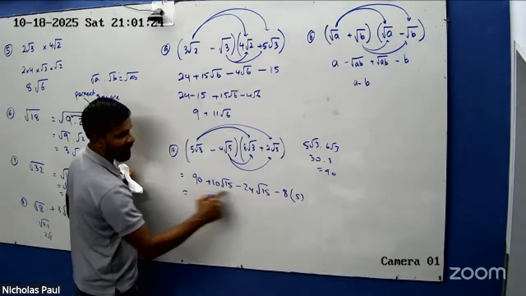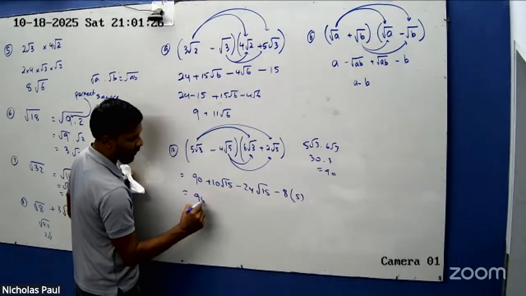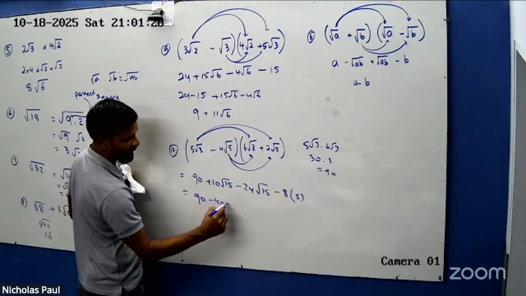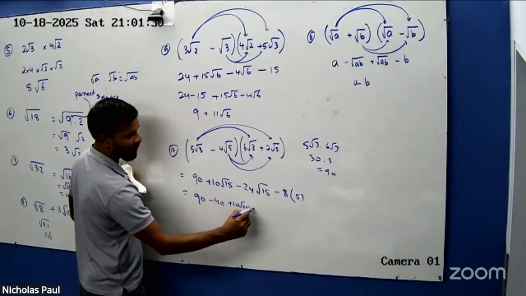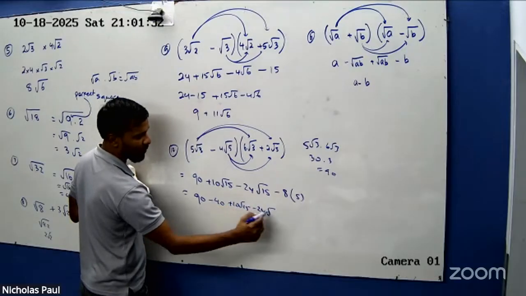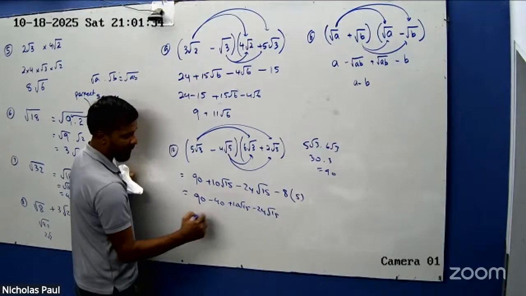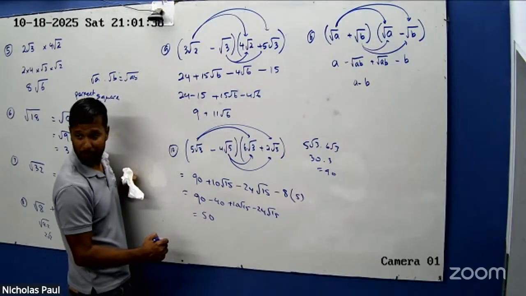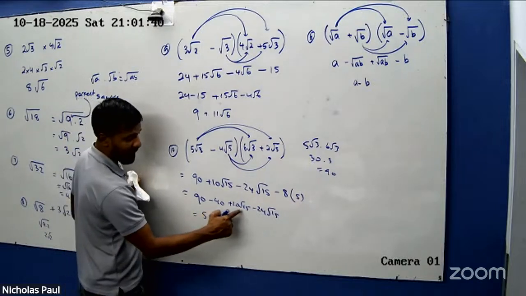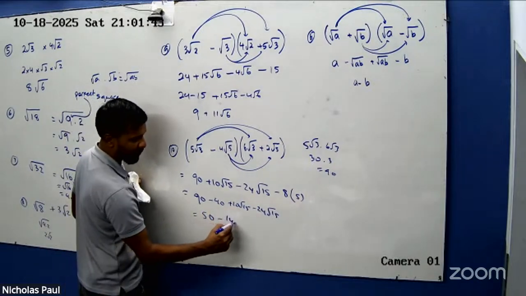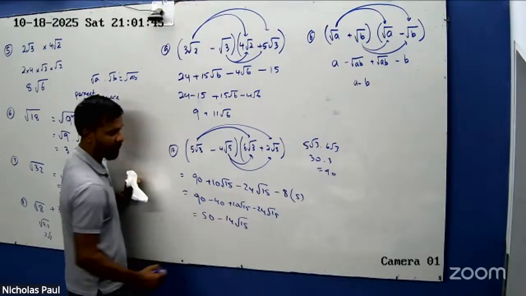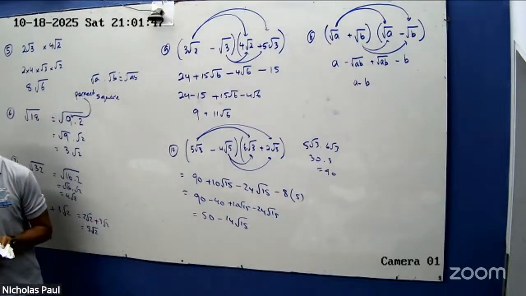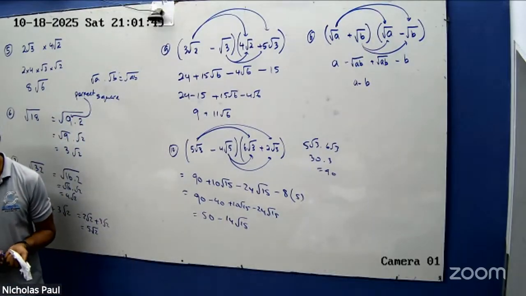Okay? 90 minus 40, that's 50. And 10 minus 24 is minus 14. That's it? Are you okay with that?